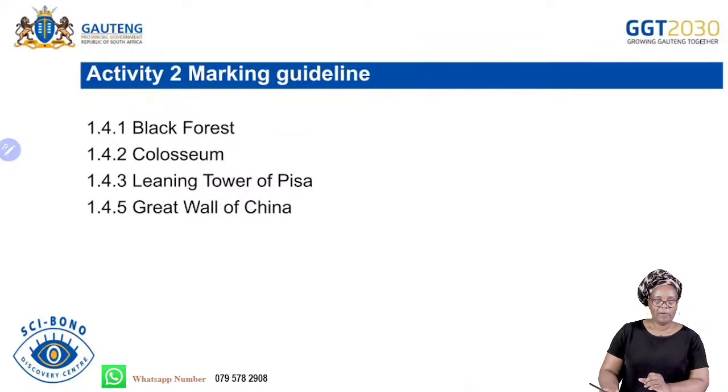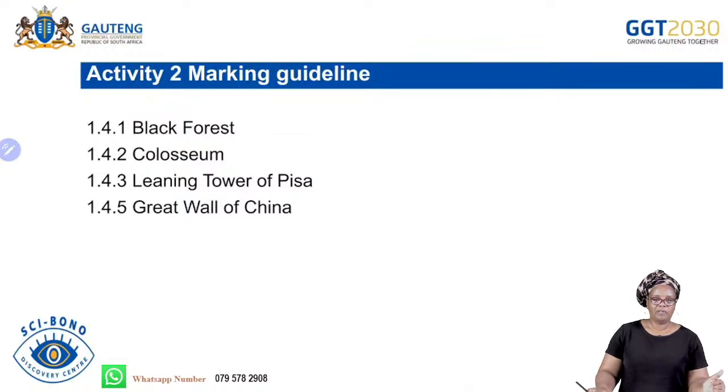The moment you see the words Black Forest, please remember from the table that I've given you, the table with 5 columns, you need to know the name. The spelling must be right. So have your own table.